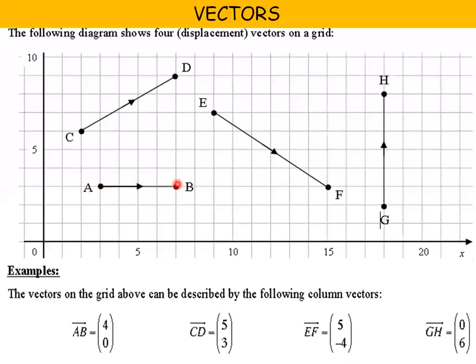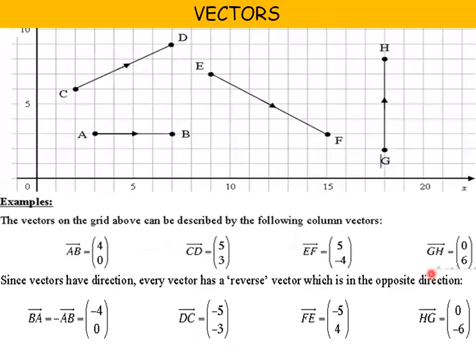So there is no change in the direction for up and down for this particular vector. So that means the movement up or down is 0. So I have 4 for x and then 0 for y. So we have been able to represent all the directed line segments here as column vectors. In the same way we have represented all as column vectors, we can also have the reverse vectors of each of them.